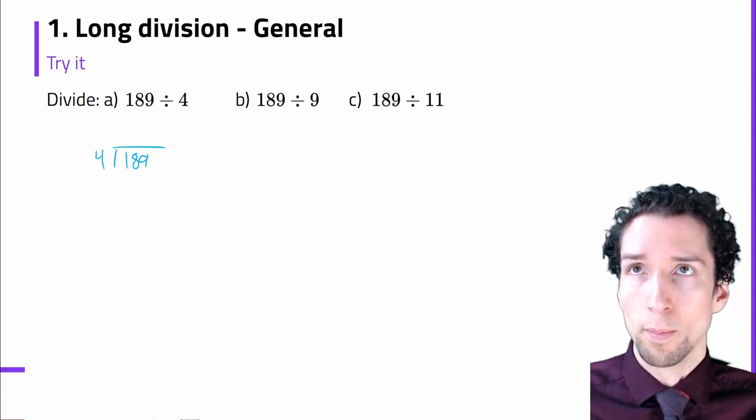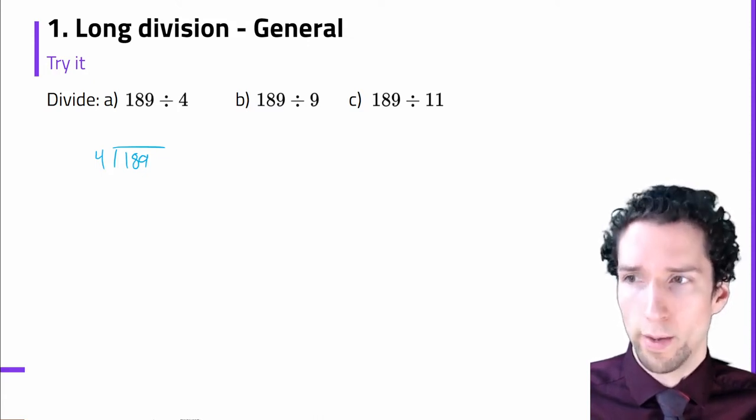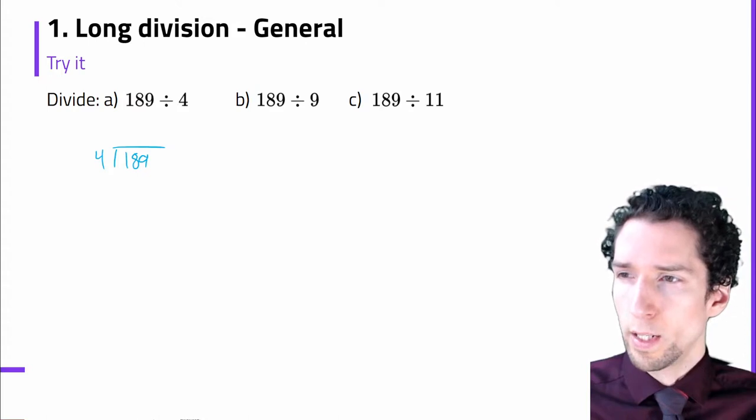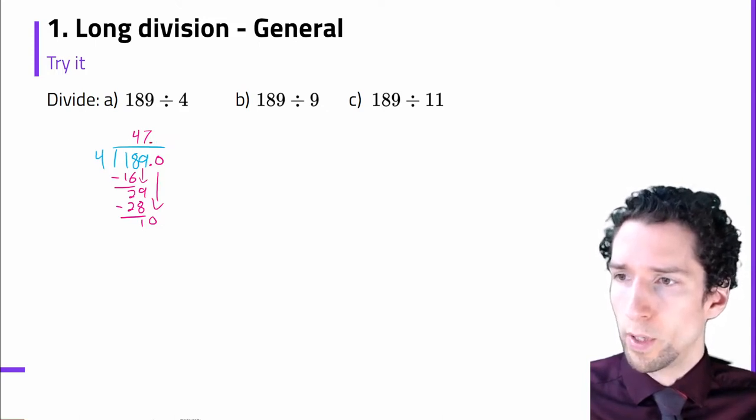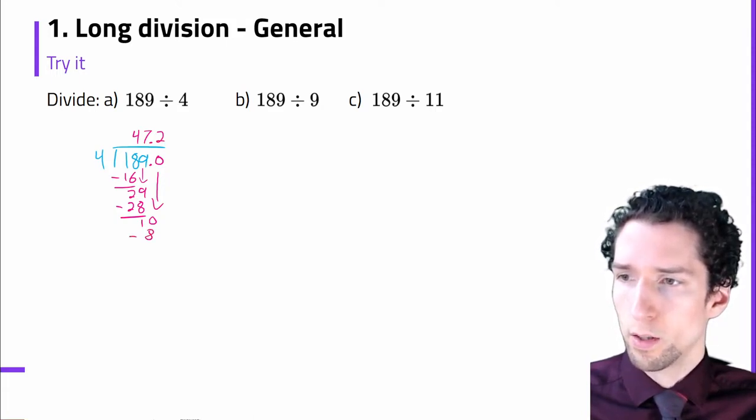Dividing by 4, it'll be 0.25 or 0.5 or 0.75, one of those. 4 into 18, that's 4, so that's 16 and 2, and bring down the 9, and that will go in 28, so 7 times, and 1, and not finished, so bring down the 0, and 4 into 10 will go in 2 times, looks like it's going to be 0.25. That will give us 8 here, subtract, and that's 2, and there we go.